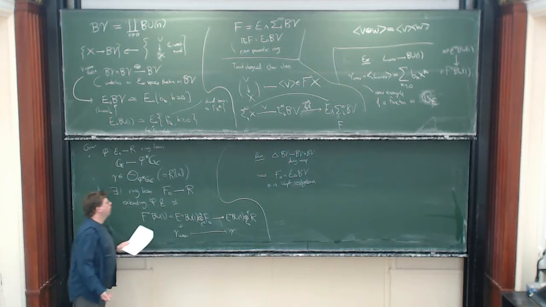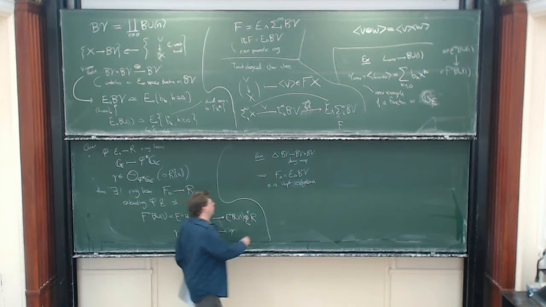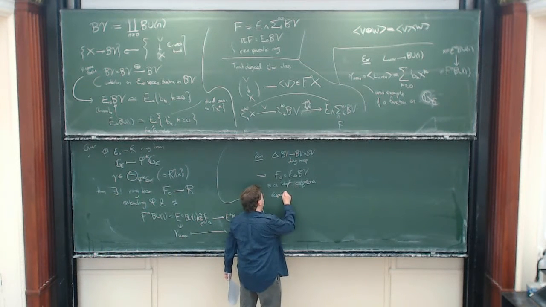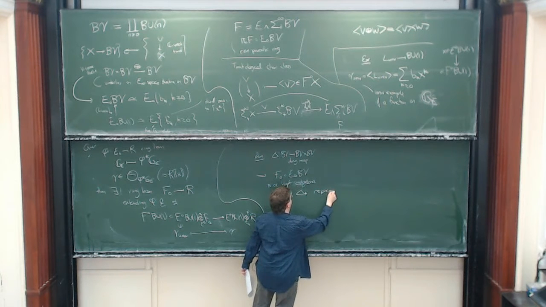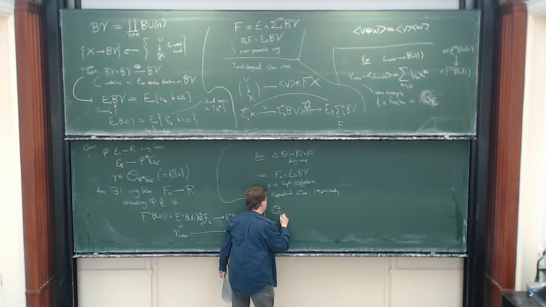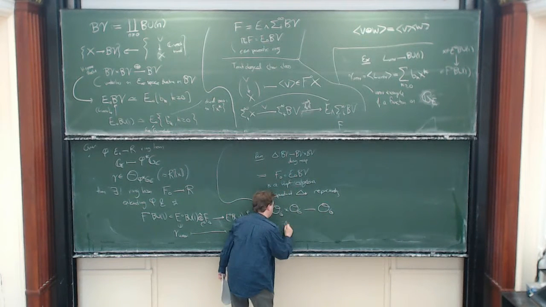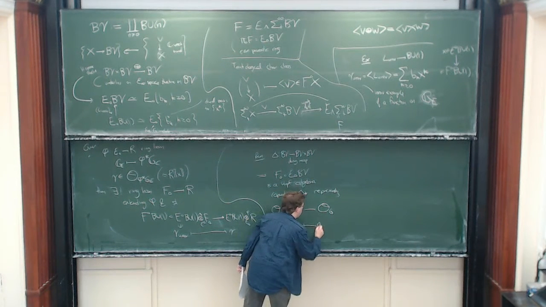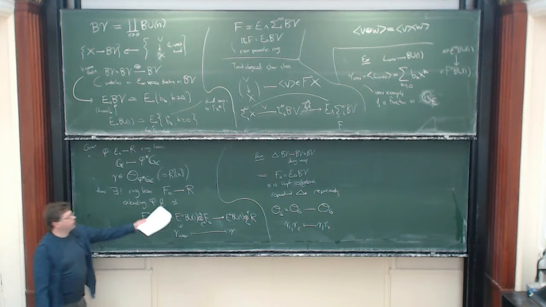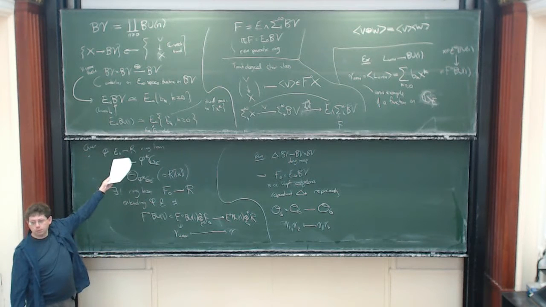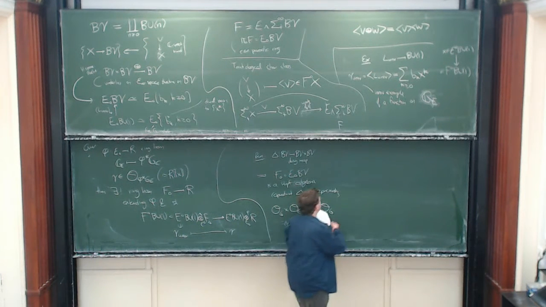The coproduct, delta star, represents the operation on functions, which is multiplication. That's a calculation you do by calculating what the coproduct does on, say, elements BK, which is a straightforward exercise that I won't do. All right.